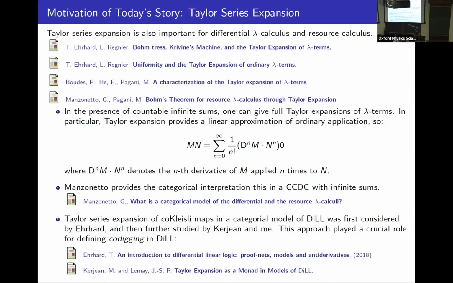And then this notion of Taylor series expansion for coKleisli maps in models of differential linear logic was first studied by Thomas Ehrhard, but also was studied by myself and my co-author Marie Kerjean in our LICS paper last year, and was crucial for defining the notion of co-digging in differential linear logic.